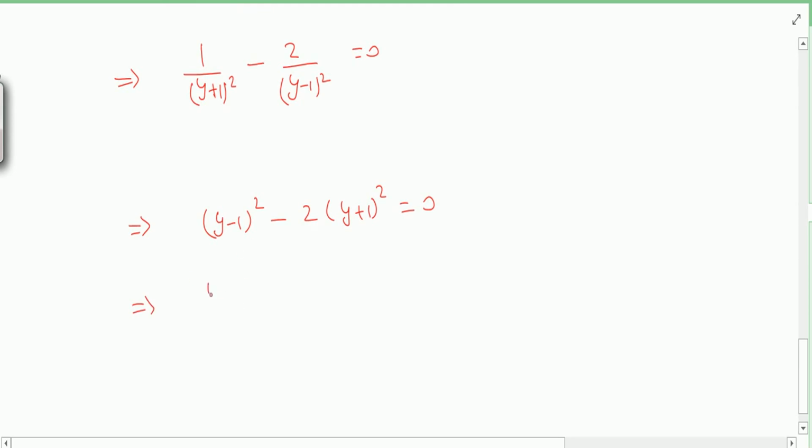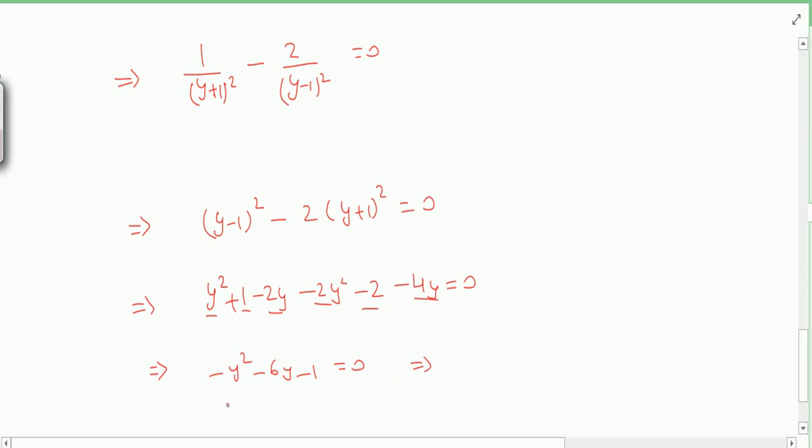Opening this, y square plus 1 plus 2y, minus 2y square minus 2 plus 4y equals 0. So it comes out to be minus y square minus 6y minus 1 equals 0.